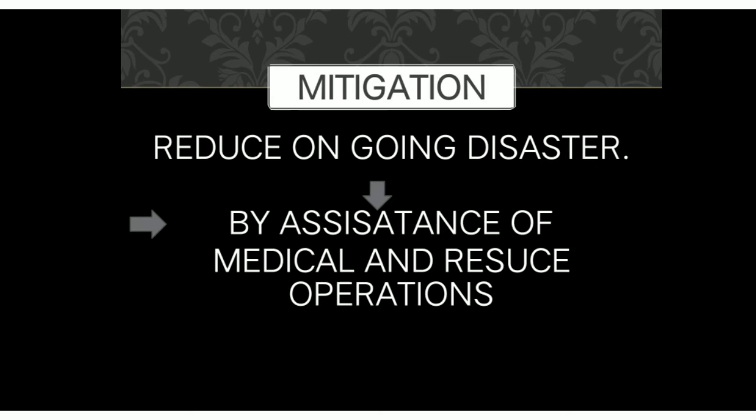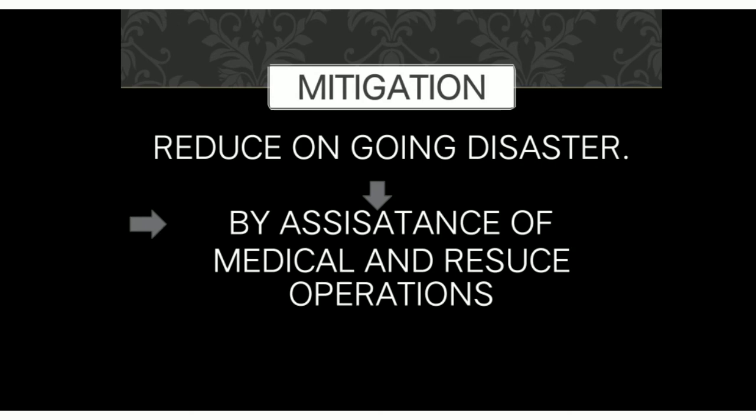It basically assists the medical and rescue operations during an ongoing disaster. So mitigation is very important when unexpected disasters are coming, or have already come. We can't predict nature. Heavy rain can even result in flooding of particular areas.